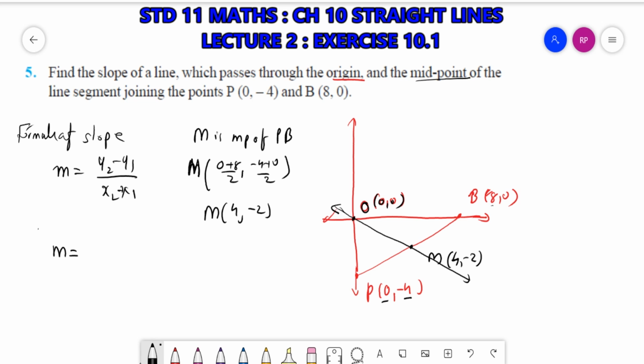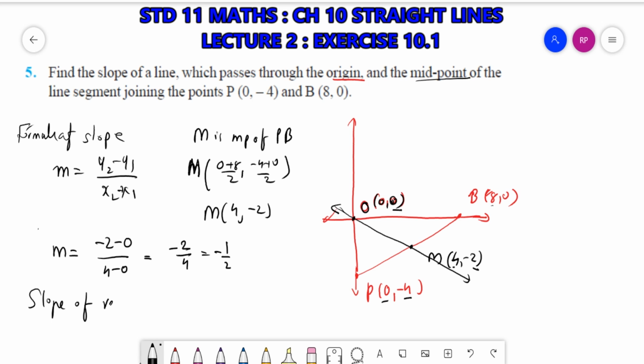So y2 minus y1, y2 is minus 2 minus 0, and x2 is 4 minus 0, upon 4 minus 0. This will be equal to minus 2 upon 4, that is minus 1 by 2. Clear?